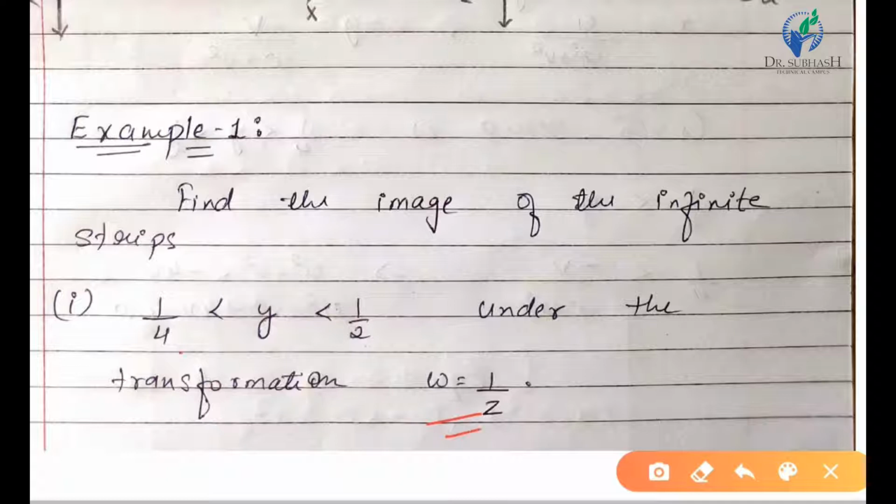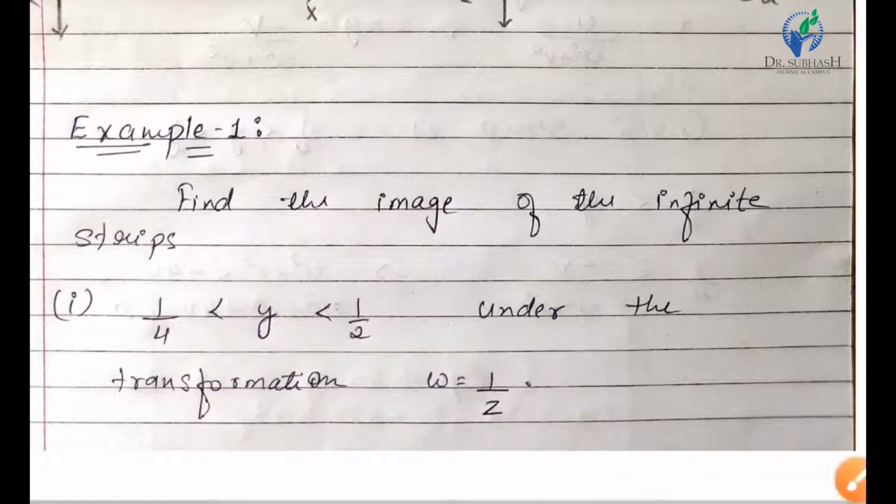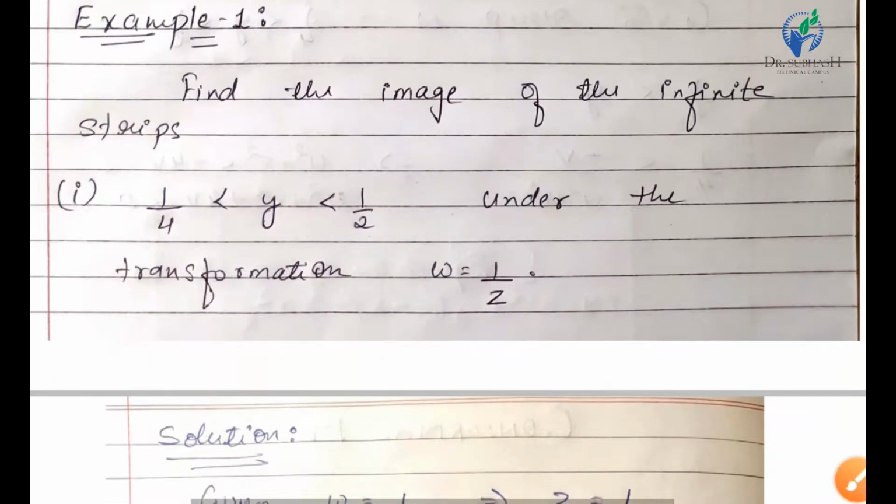Here we are given an infinite strip 1 by 4 less than y less than 1 by 2. This will be in z plane. Using this transformation w equal to 1 upon z, we have to find its image in w plane. Now we will see how to solve it.